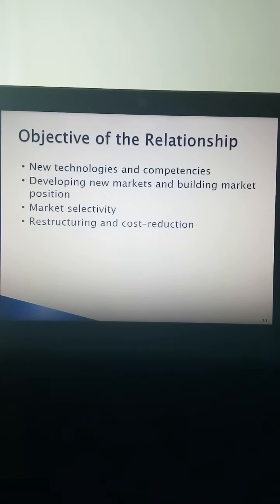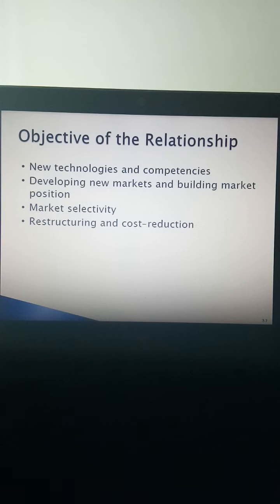For example, Europe, Japan, United States companies build up collaborative relationships with industries in China, Korea, and Taiwan. Okay, this enables companies to reduce plant investment and also product costs.